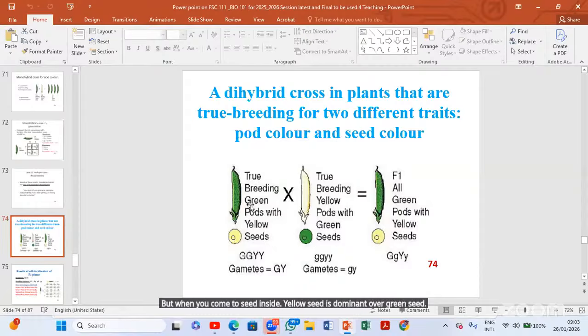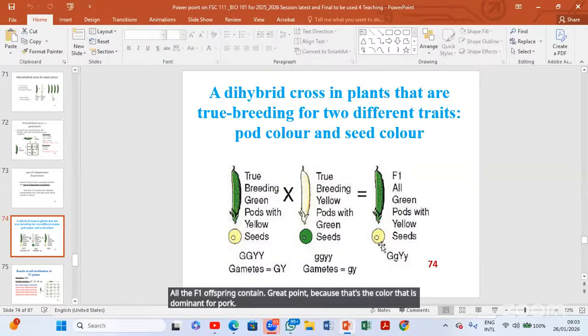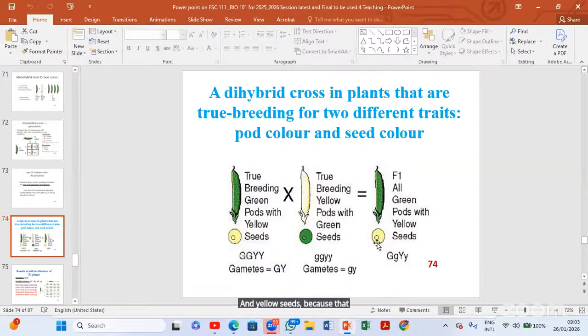So you now cross a dominant green pod containing dominant yellow seed with a recessive yellow pod containing recessive green seed. So when that happens, what do we have at F1? All the F1 offspring contain green pod, because that's the color that is dominant for pod, and yellow seeds, because that is the color that is dominant for seeds.